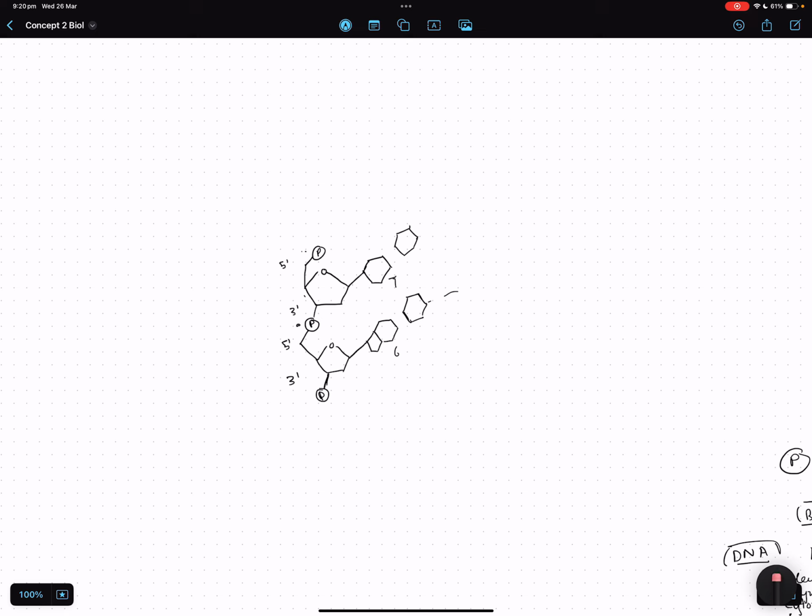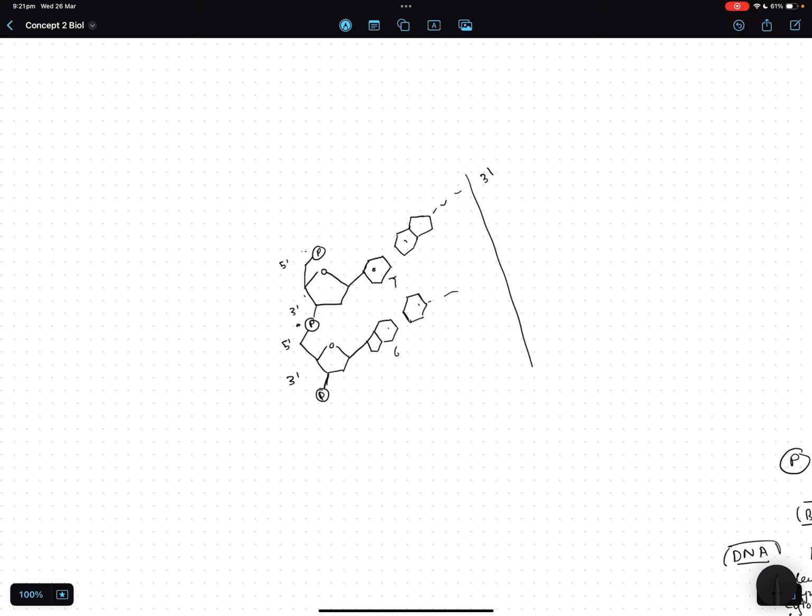A terrible looking shape. The key thing to note is that one ring goes to two rings goes to one ring, and they proceed forever. Now this molecule would be proceeding.